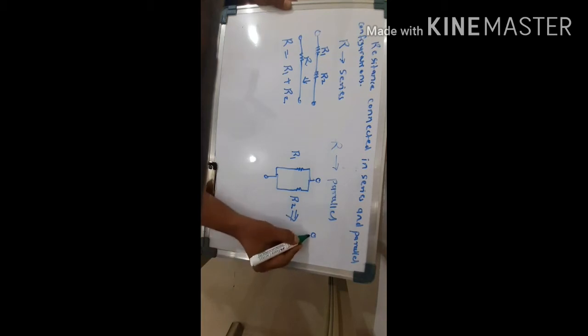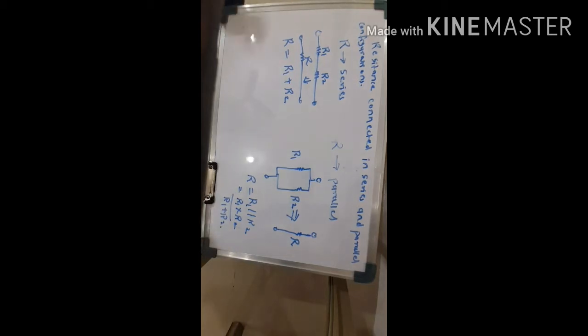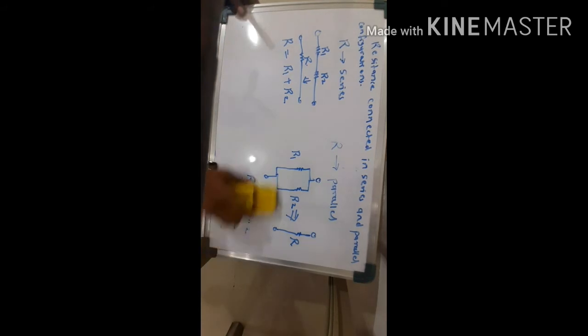In parallel, we will draw one equivalent circuit. R1 and R2 must be converted into R. So R equals R1 parallel with R2, that is R1 into R2 divided by R1 plus R2. So these are the series and parallel configurations of resistance.